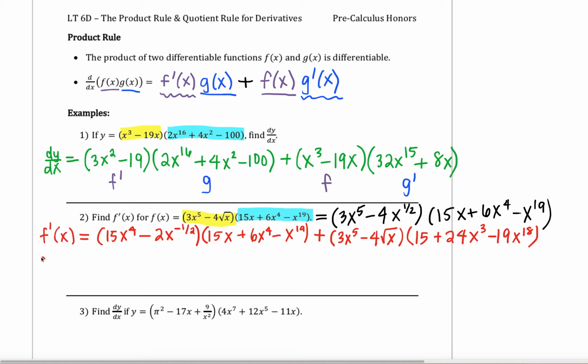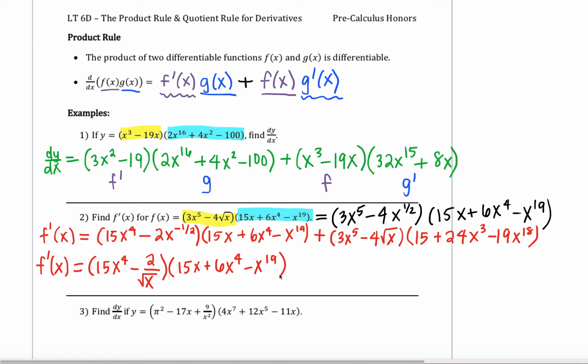Now there's a little bit of simplification I can do with this x to the negative 1/2 exponent. So I'm going to go ahead and rewrite that in case I have a multiple choice question. I'm trying to make it match one of the options. So that can get rewritten as negative 2 over x to the 1/2, or I can even make that a square root of x. And then the rest of this I'm going to rewrite the exact same because there's nothing else I can do to simplify those terms.